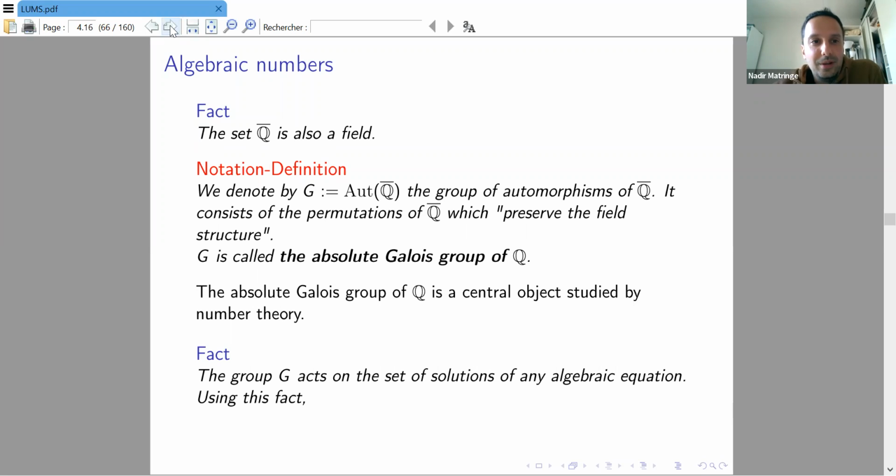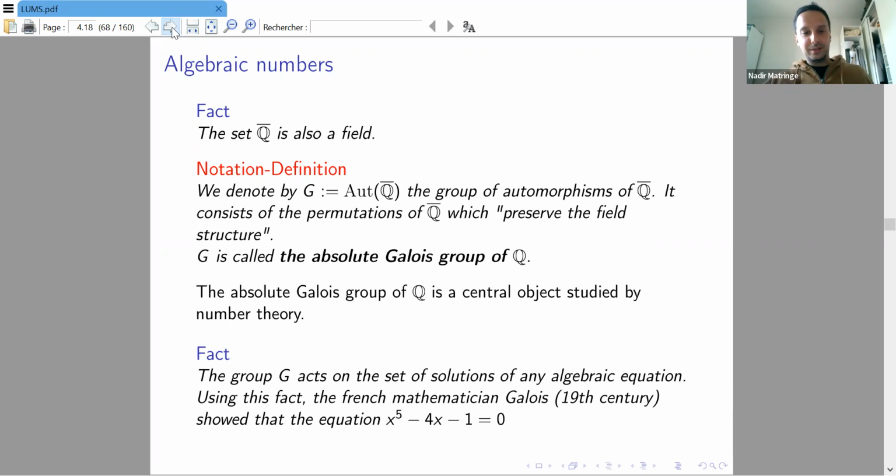And so this was understood by the French mathematician Galois, who developed Galois theory. And as an application, he could prove that the algebraic equation that I gave you before is not solvable by radicals. So what does it mean for an equation to be solvable by radicals?